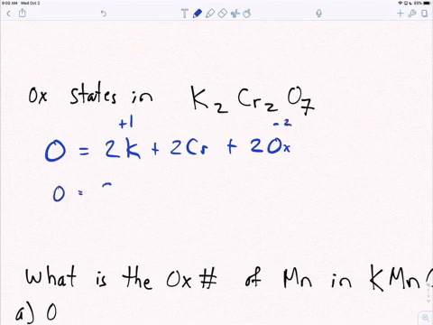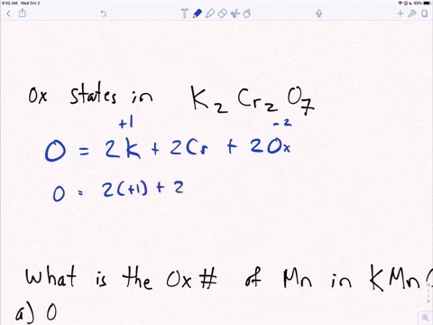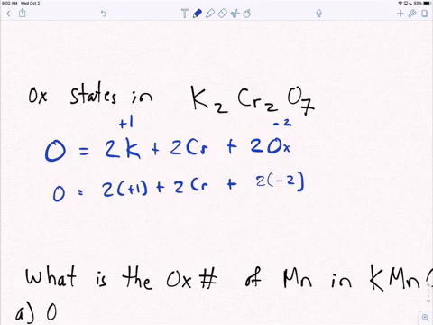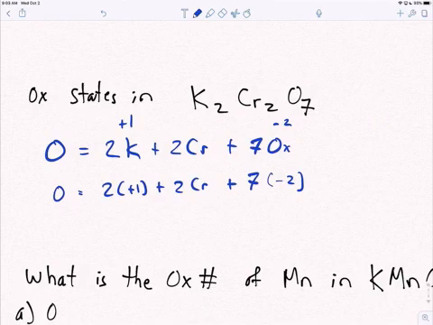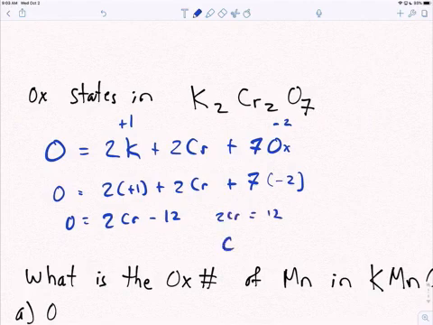So 0 equals 2 times plus 1, plus 2 times the oxidation number for chromium, plus 7 times -2. I'm sorry, it's 7. What am I doing the 2 for? 7 times -2 is -14, plus 2 is -12. So 0 is 2 times chromium minus 12. 2 chromium equals 12. Chromium is 6, plus 6. So this is plus 1, plus 6, -2.